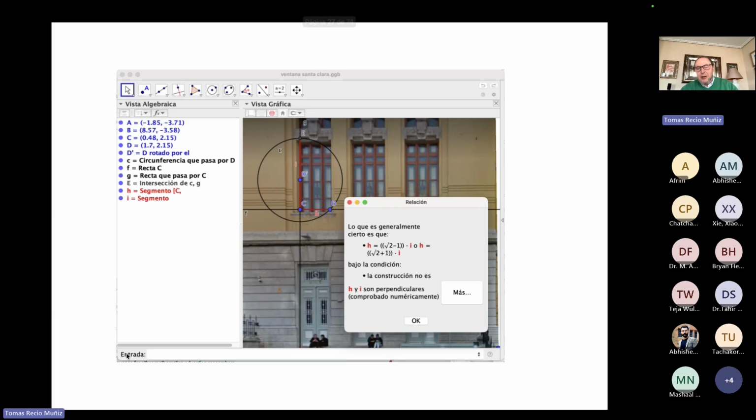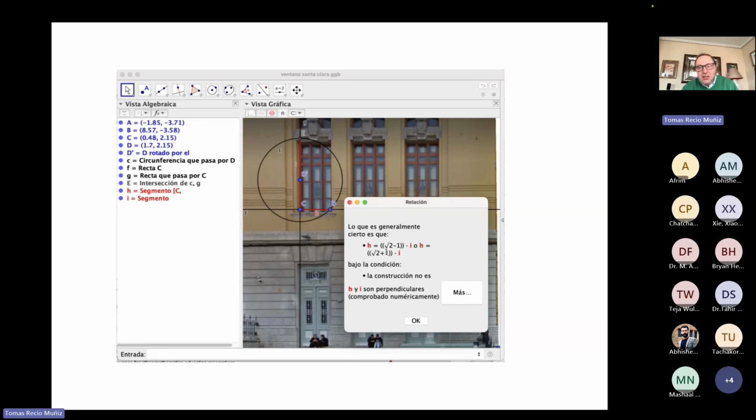Another application of this automated discovery is the following. This is a building, and I want my students to go around, take a picture of the building, place the picture in GeoGebra Discovery, and then try to find the relation between the height and the length of this window.